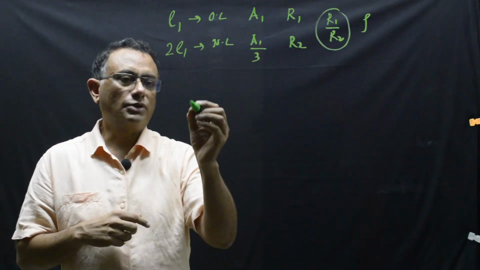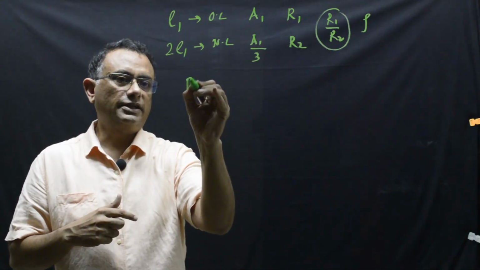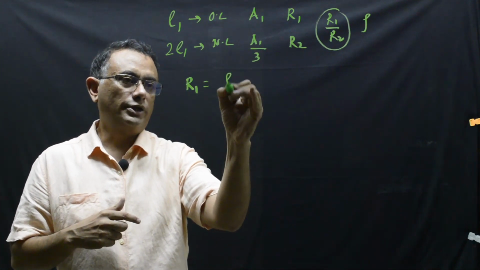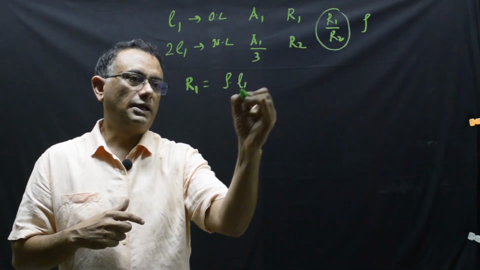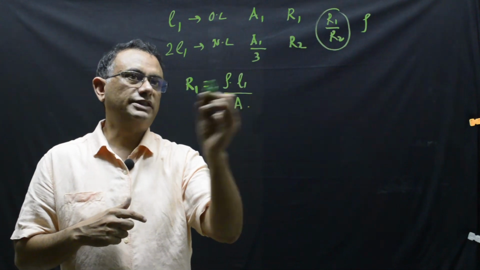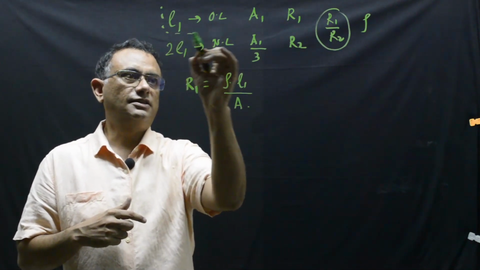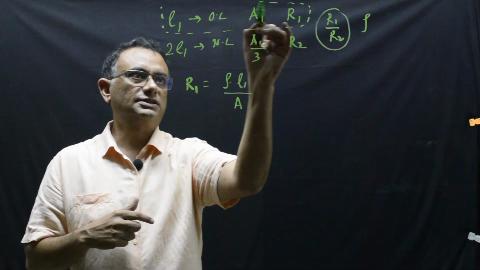Then we use the formula: R1 was rho into L1 by A1. These are all the initial conditions, the first case.